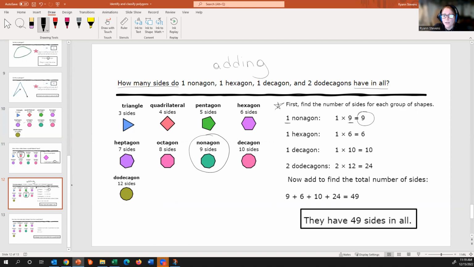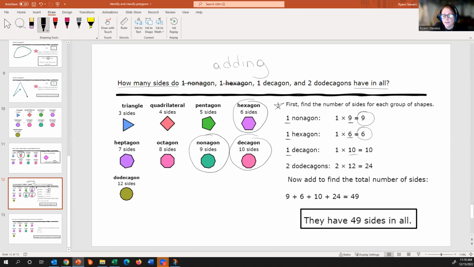Okay. And I'm just going to cross this off up here so I know where I'm going next. 1 hexagon. So I'm going to come over here to hexagon, and I have 6 sides. I'll underline this. I have 6 sides, which is going to give me 6 sides total. Now I have 1 decagon, which is going to be a total of 10 sides.